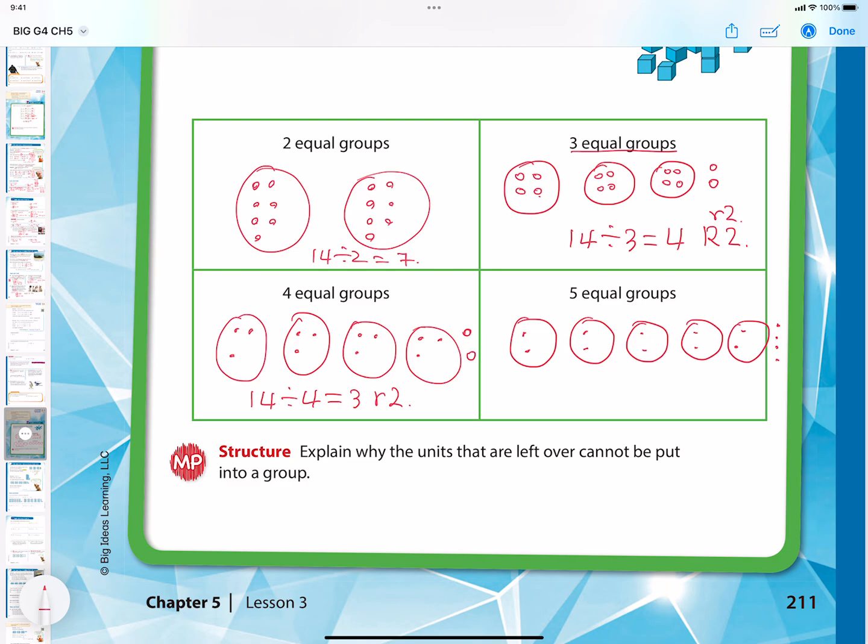So I have a remainder, which means what? 14 divided by 5 is going to be 2 because in each group we have 2 counters. And remainder is what? 4. Okay, explain why the units that are left over cannot be put into a group. Oh, because we need to make what? Equal groups. Okay, we need equal groups.